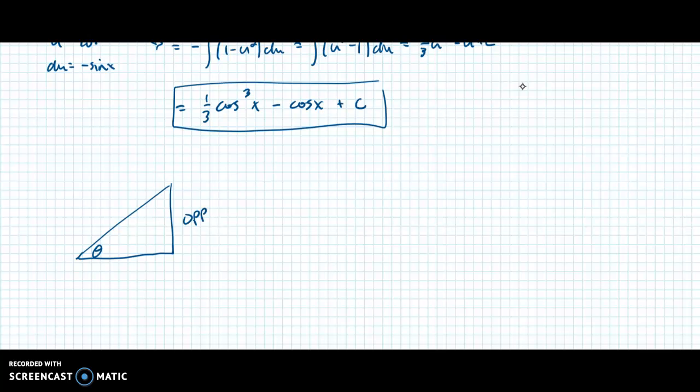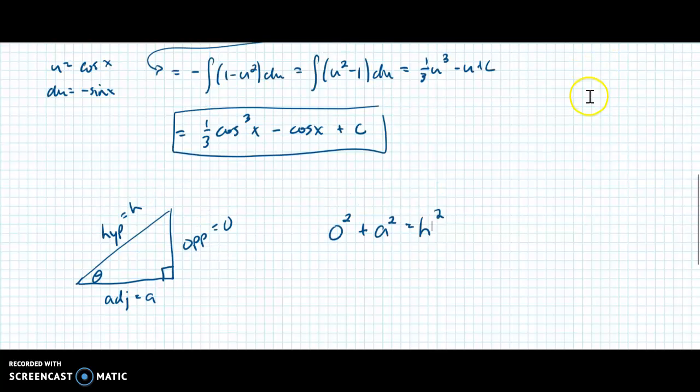Writing the opposite, writing the adjacent, writing the hypotenuse, as long as it's a right triangle. And what I can do is, I'm just going to let that be O, let that be A, let that be H, like you do with SOHCAHTOA. And I know that O squared plus A squared is equal to H squared.